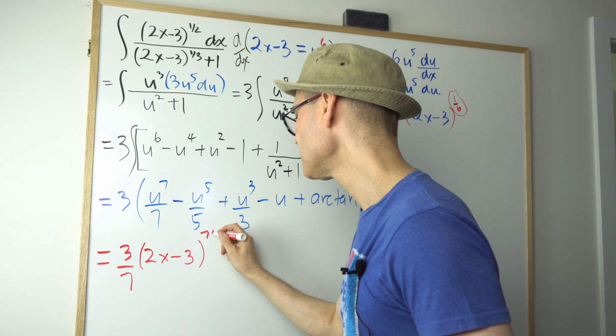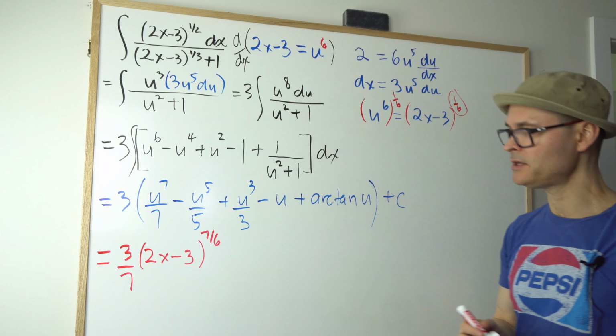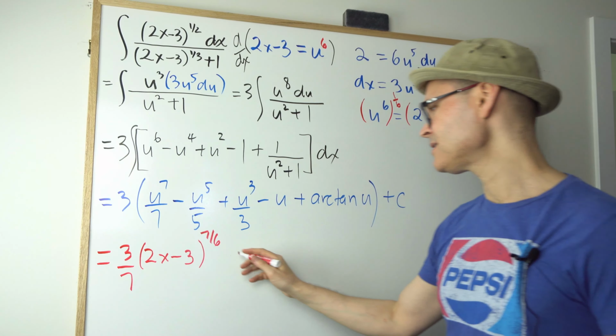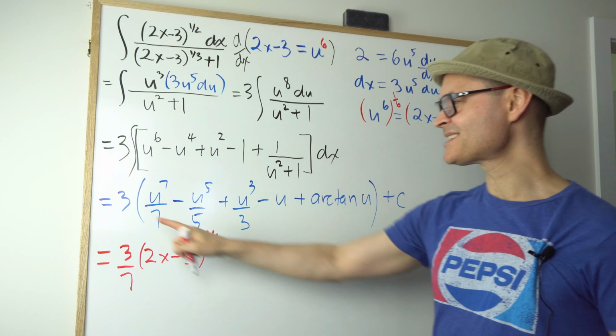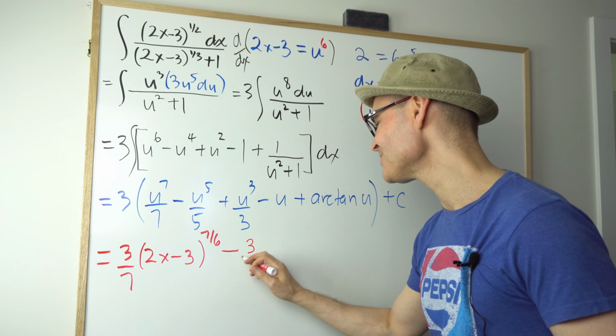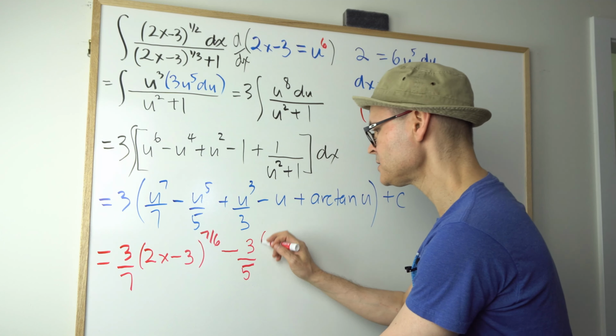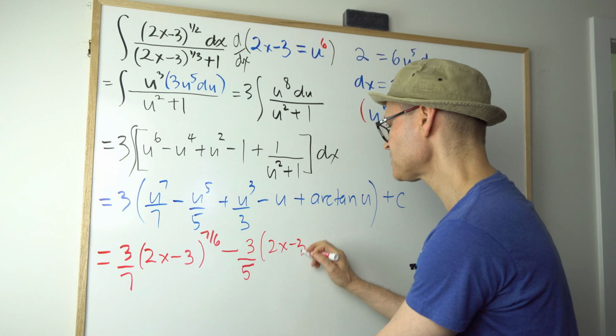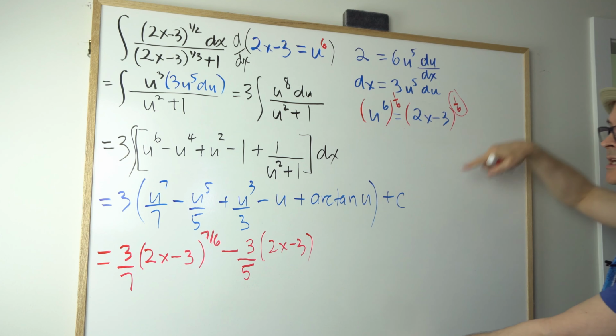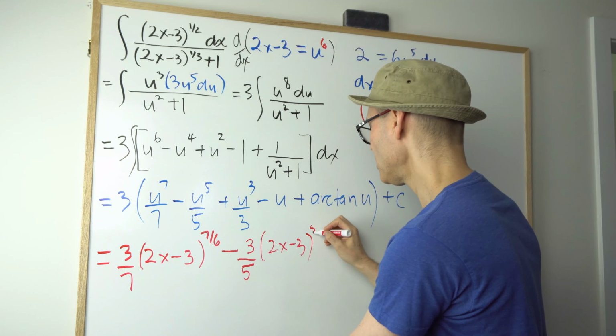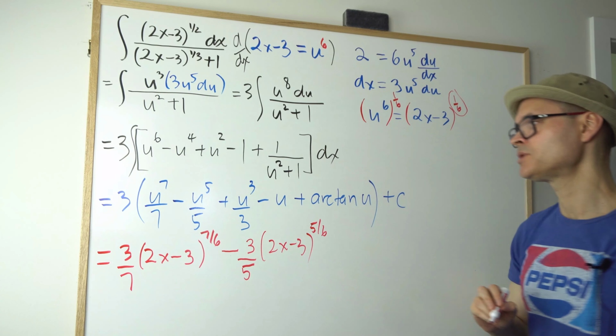Do you see? You can break this into steps, but condensing it's going to make it go faster. So minus 3 over 5. And then the u here is going to be 2x minus 3, again 1 over 6, but that's going to come in contact with the 5. So 5 over 6. We're doing good.